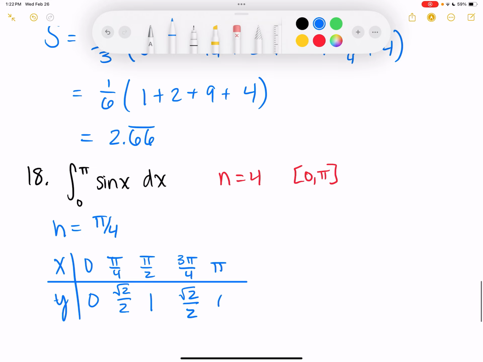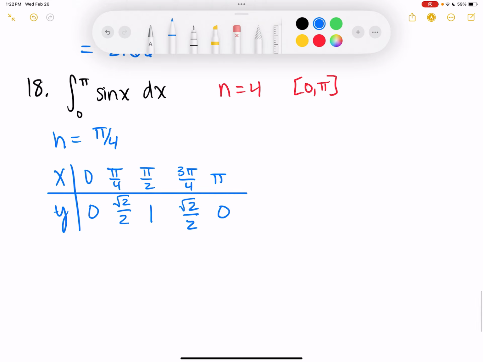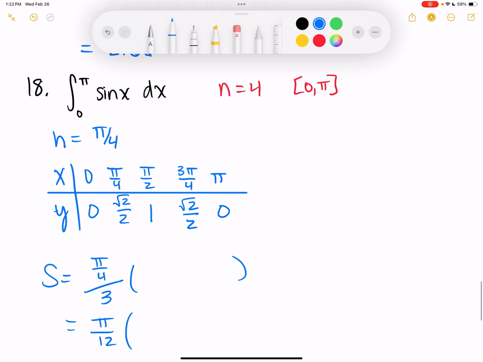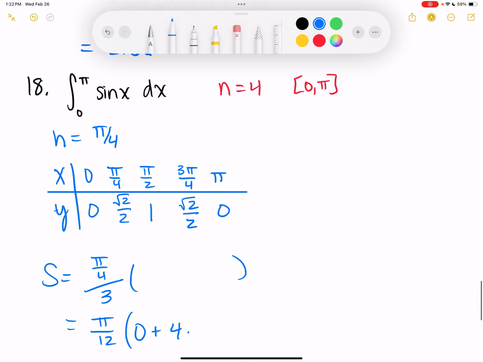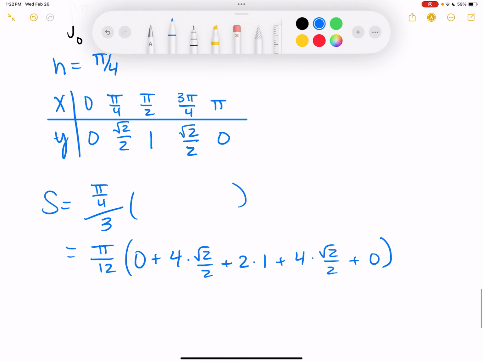So now, S equals pi over 4 divided by 3. I'm going to go ahead and rewrite this as pi over 12, just so that I don't have to write it all out a second time. So then I've got 0 plus 4 times root 2 over 2 plus 2 times 1 plus 4 times root 2 over 2 plus 0. So pi over 12 times 2 root 2 plus 2 plus 2 root 2.